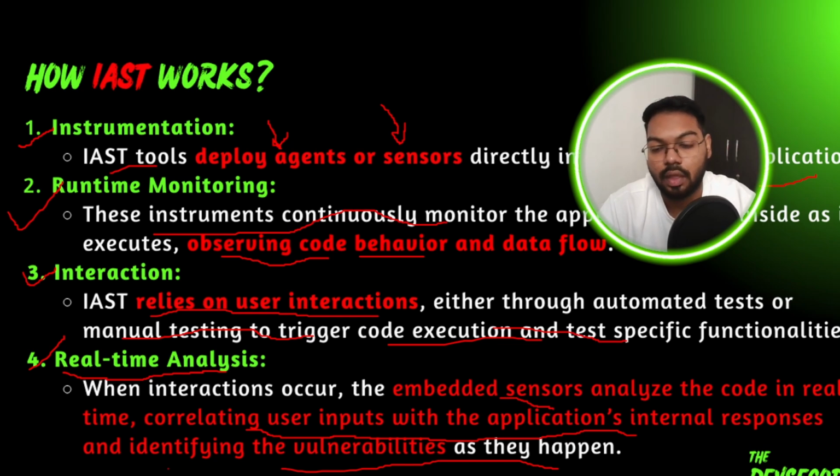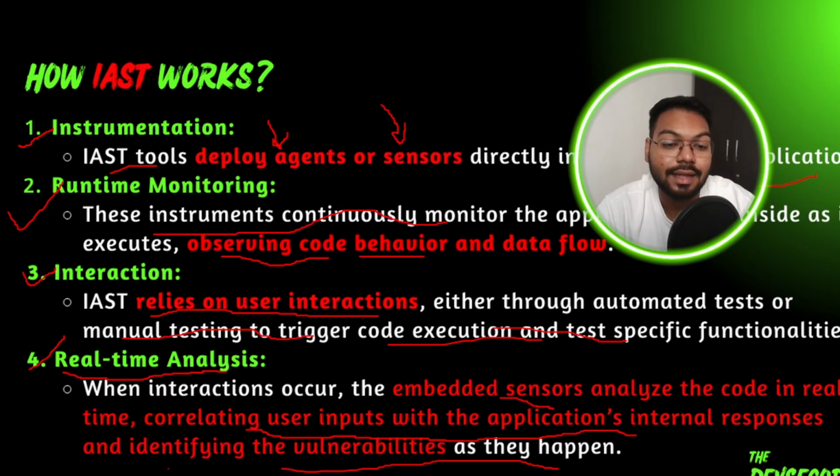You run the application, you deploy the IAST tool with it, and then you simulate certain test cases or certain attacks, either manually or in an automated fashion. And then how the application responds to that is what is basically checked. So it would go for the internal logic as well as the outputs.